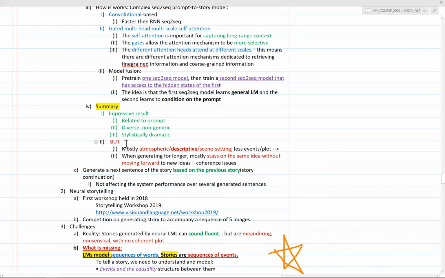But on the other side, it is mostly descriptive, and it stays on the same idea without moving forward. This story just stays there and can't move forward. This is a problem with using this model for storytelling.